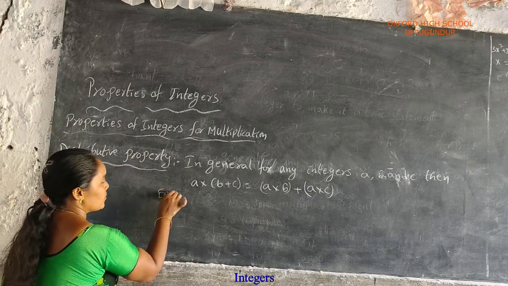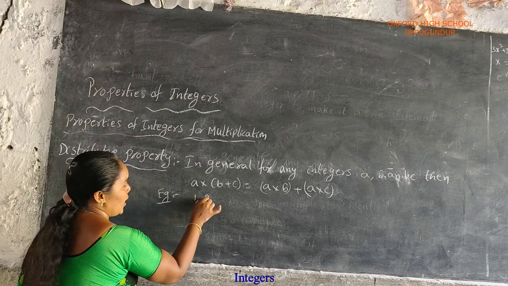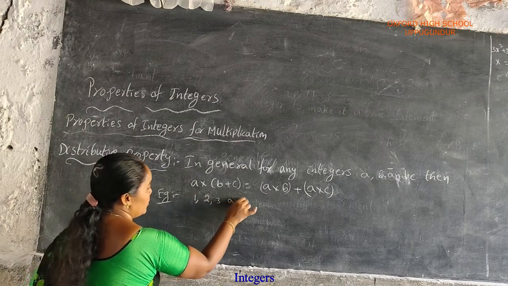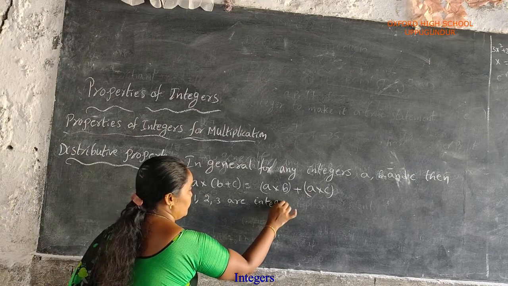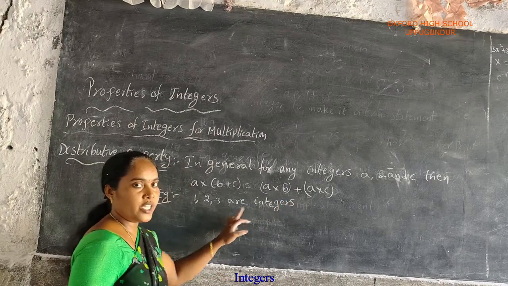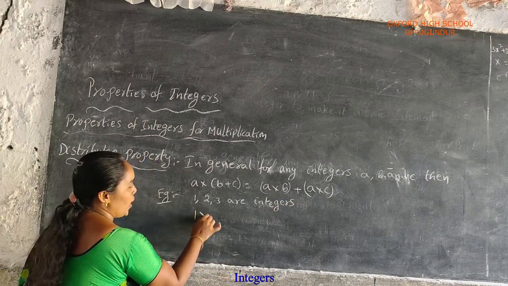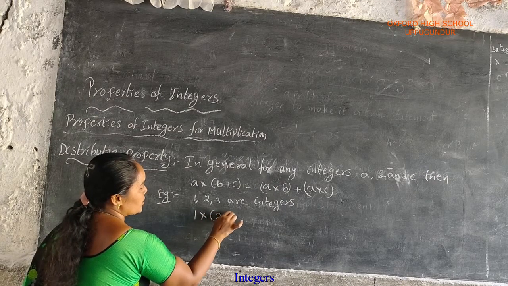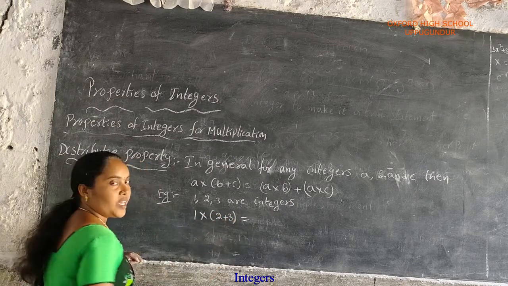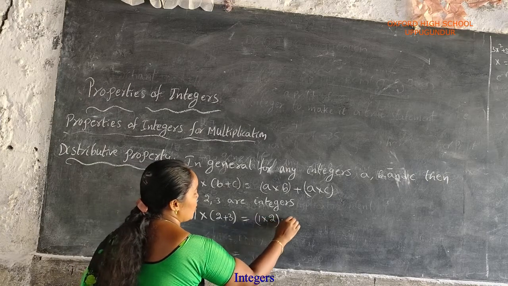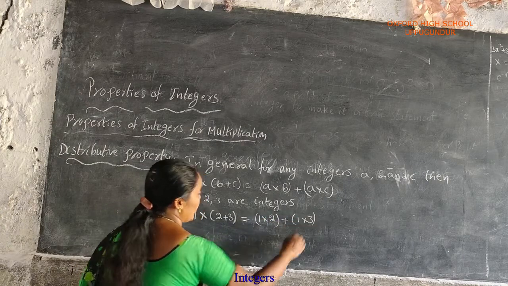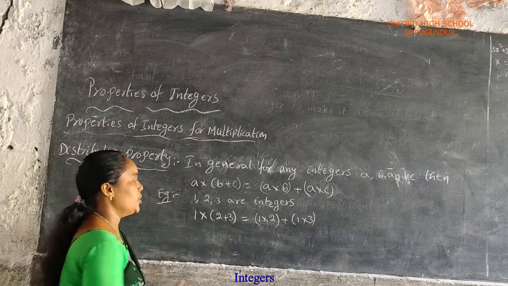Example: 1, 2, 3 are integers. 1 into 2 plus 3 equals 1 into 2 plus 1 into 3.